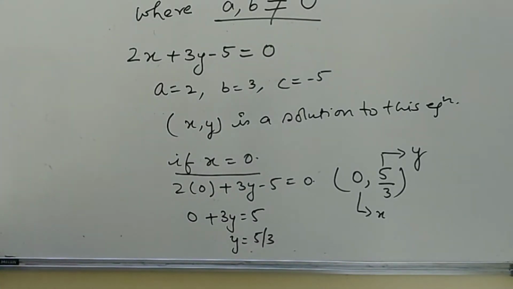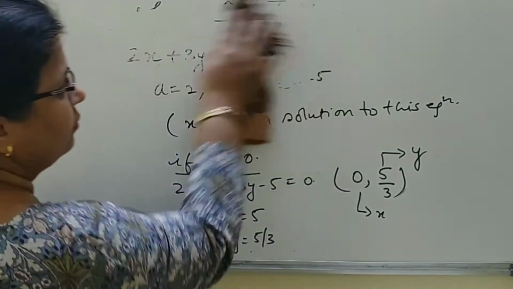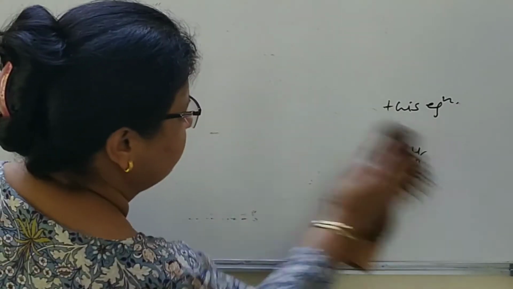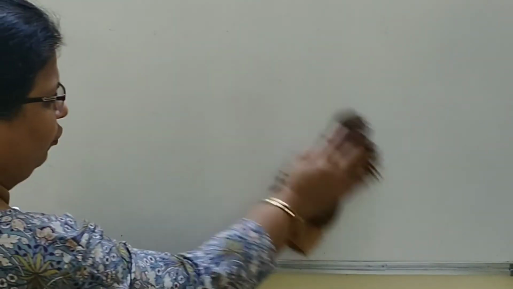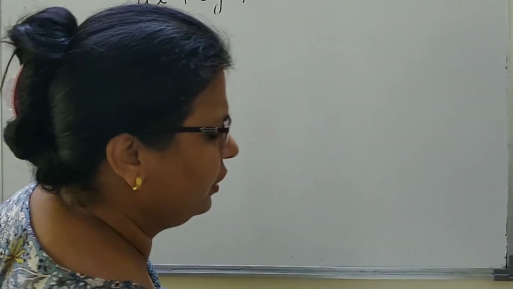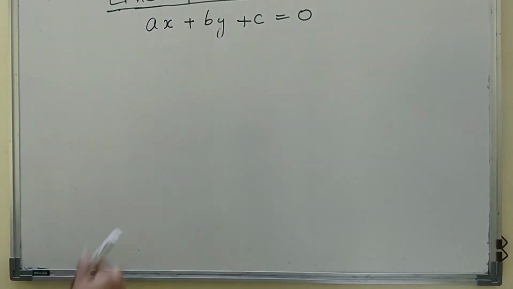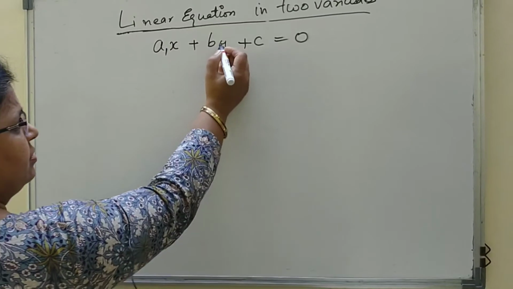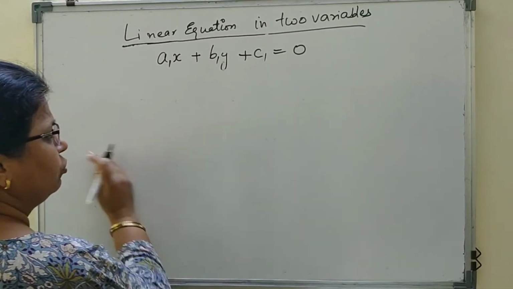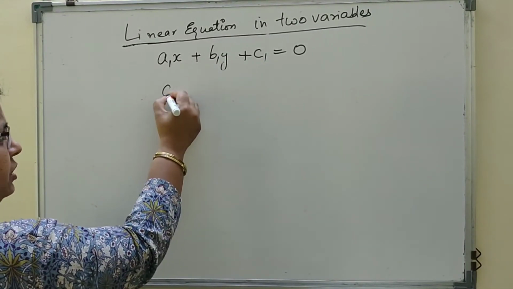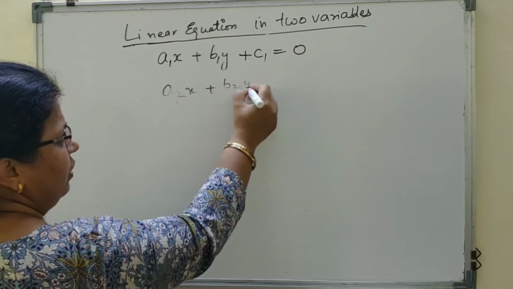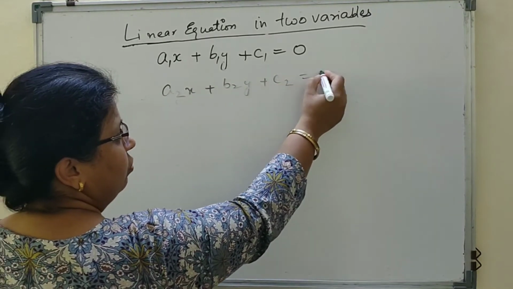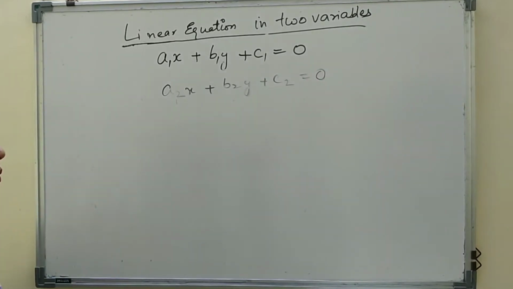Now let us say we are provided with two equations. We have two linear equations in two variables. First one is a1x plus b1y plus c1 equal to 0, and the second equation is a2x plus b2y plus c2 equal to 0, okay.